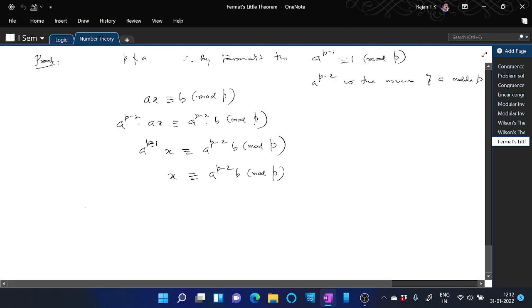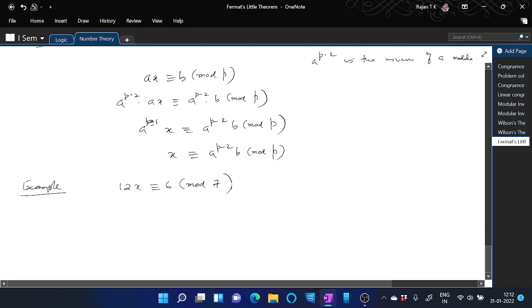Let us take a problem of finding the solution to a linear congruence using Fermat's theorem. Suppose we have the linear congruence 12x congruent to 6 mod 7. We have to find a solution to it.